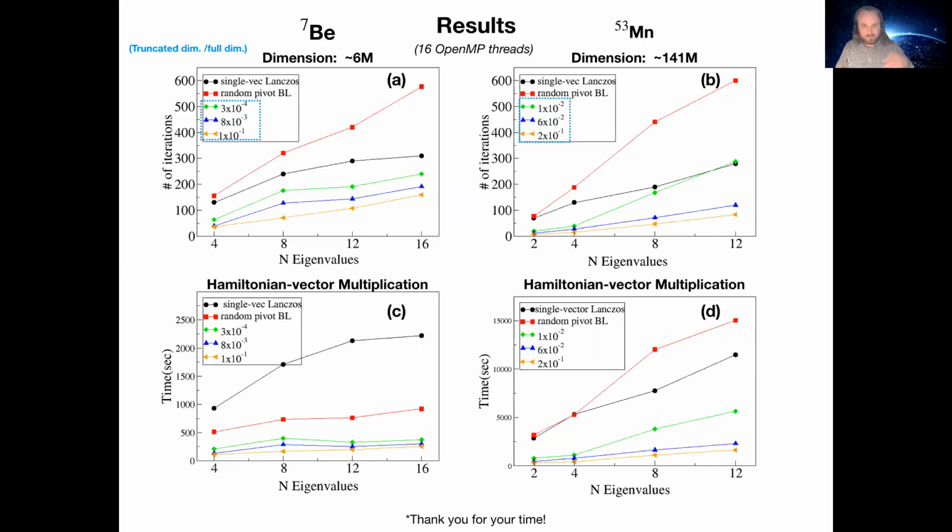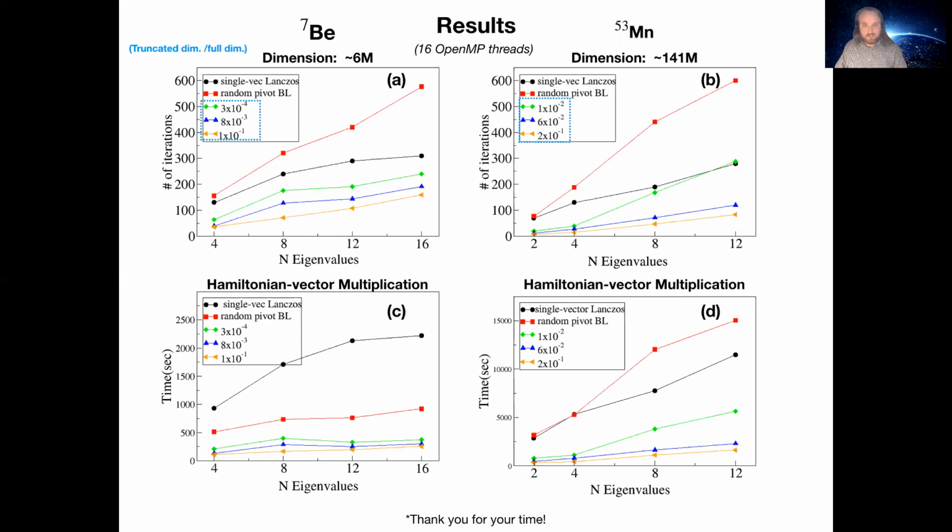To understand what I mean by truncation, that number in the legend, that little blue box, is the fraction of the truncated model space to the true model space. So we're actually using tiny model spaces that are very easy to compute. And when you project them, they still produce massive gains in timing and massive reduction in the total number of Lanczos iterations.